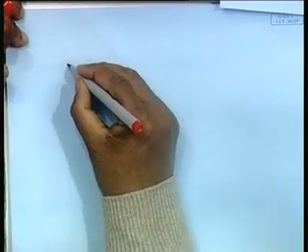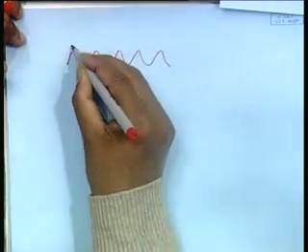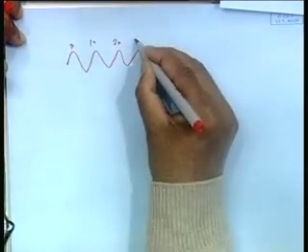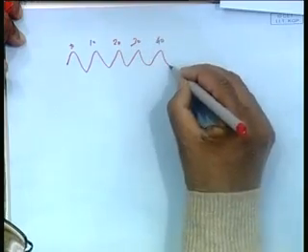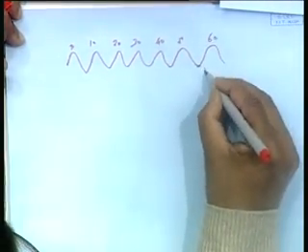You understand what I am saying? This is very interesting to illustrate. Say 0, 10, 20, 30, 40, 50, 60, this is 55.